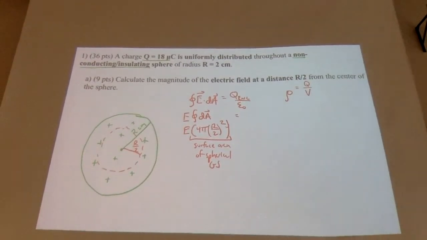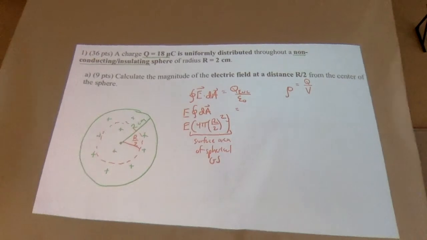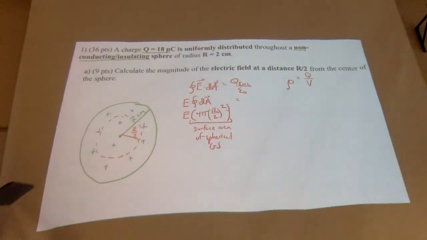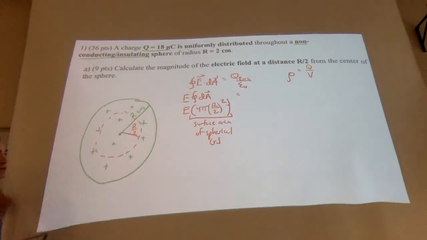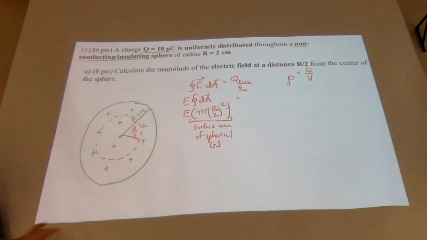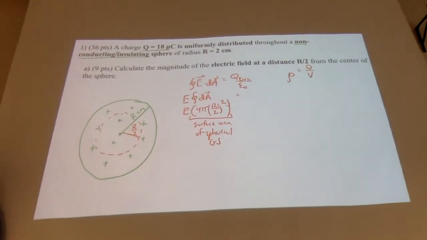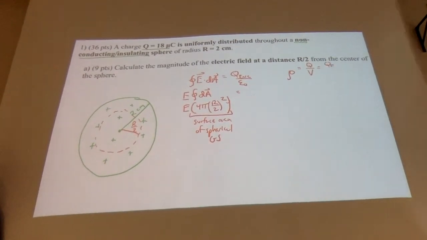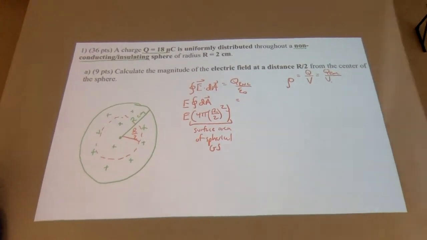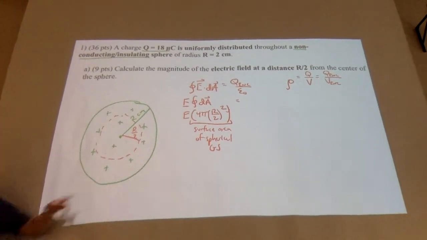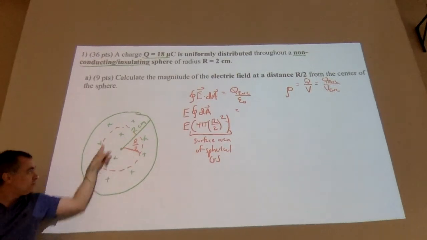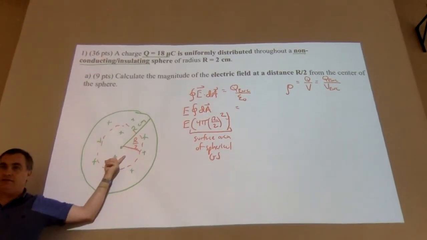So it could be Q, which is 18 microcoulombs, divided by whatever the volume of the green sphere is. That's one option. But I could also just take part of it and say that it's Q enclosed over the volume enclosed, in which case I'm just looking at the part that's inside the red dotted line.